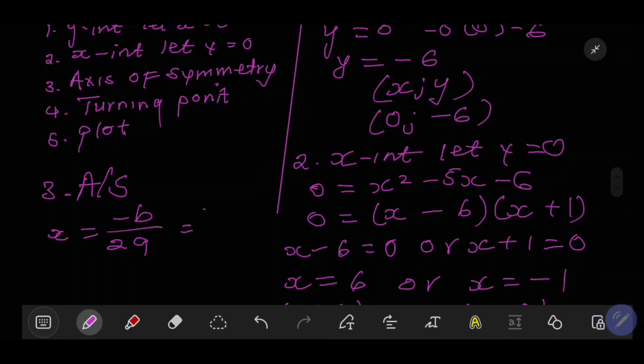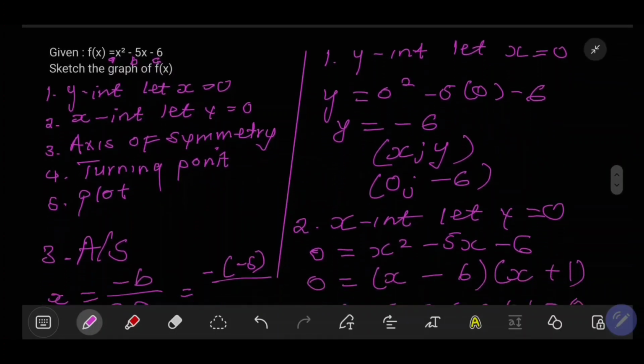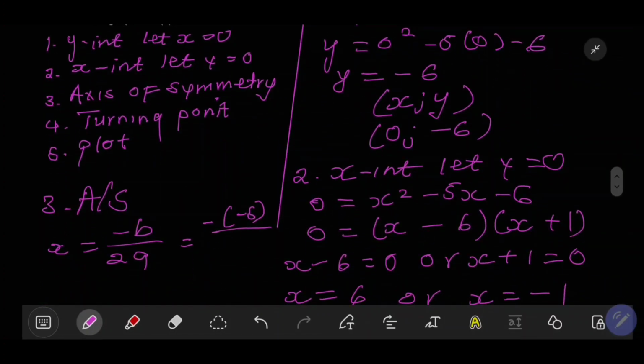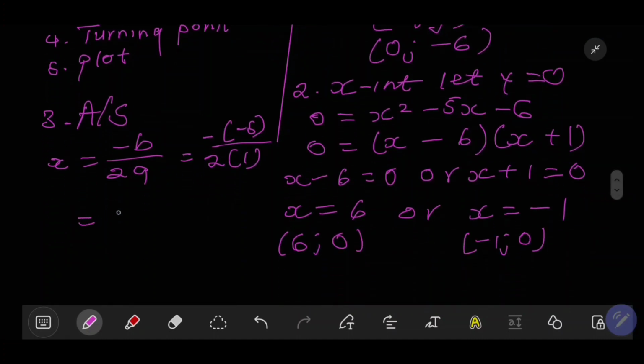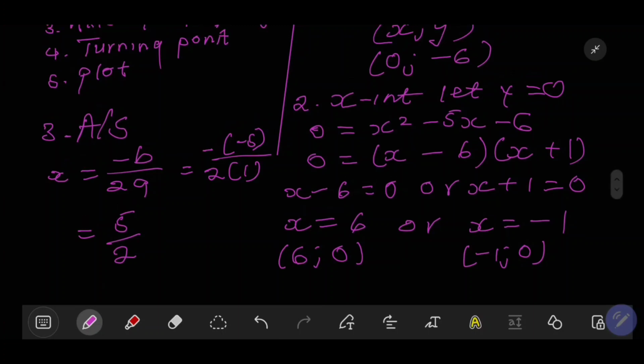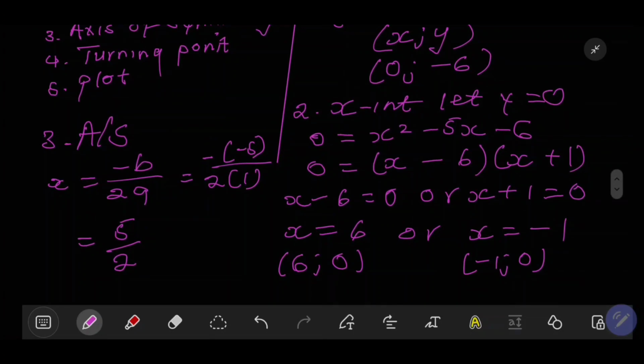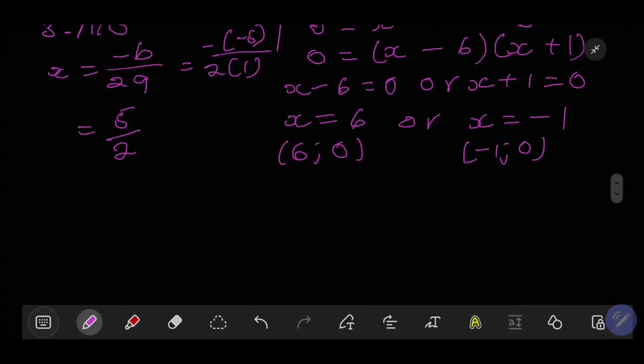We substitute here, it's going to be negative into negative 5. The value of a is the coefficient of x squared, so it's 1, and we have 2 into 1. When you simplify this, you have positive 5 over 2. So this is the point, x is 5 over 2, where the graph will be divided into 2 equal halves. That is the axis of symmetry, and then we can get the turning point.